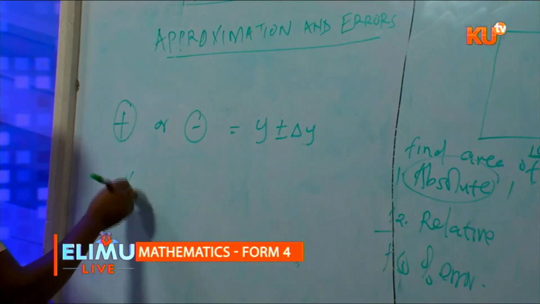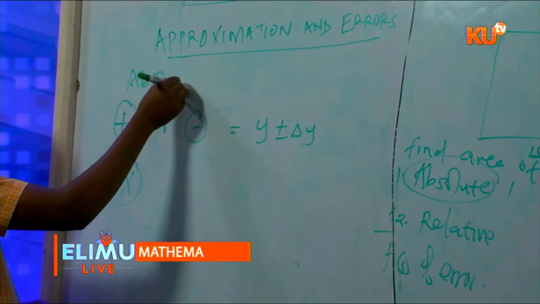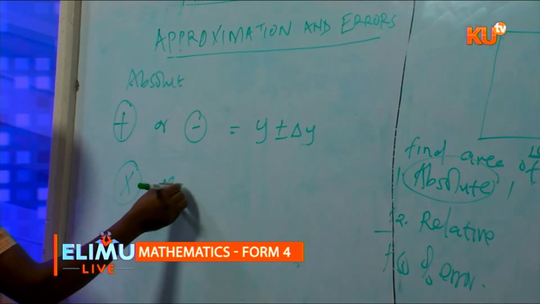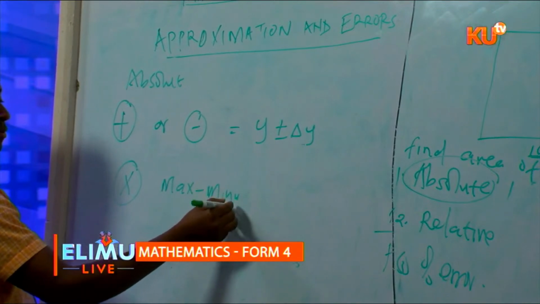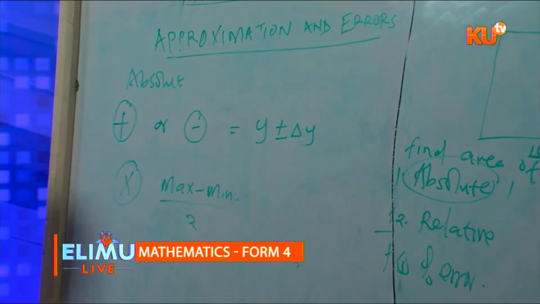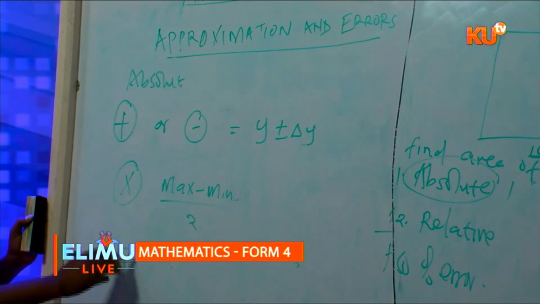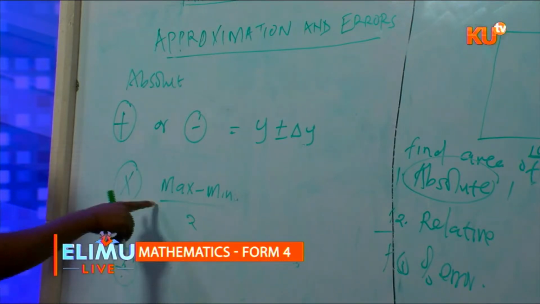But when it comes to multiplication, the absolute becomes the maximum minus the minimum divided by 2. When it comes to division, we have another concept. But before you go there, let us do another example on multiplication.